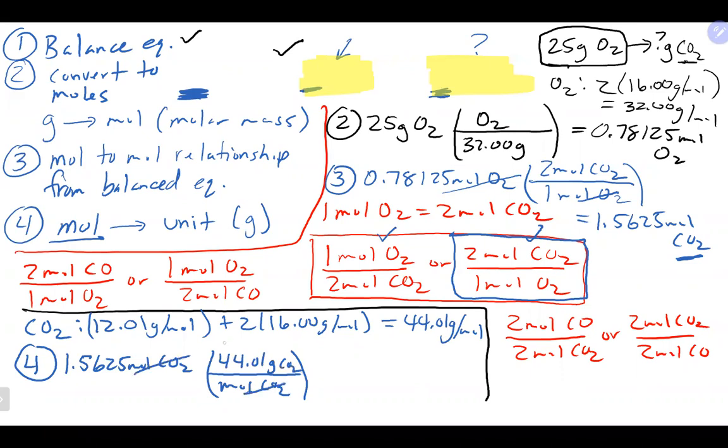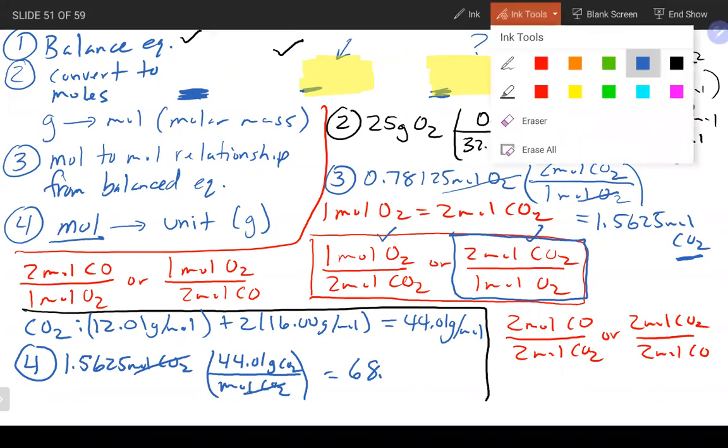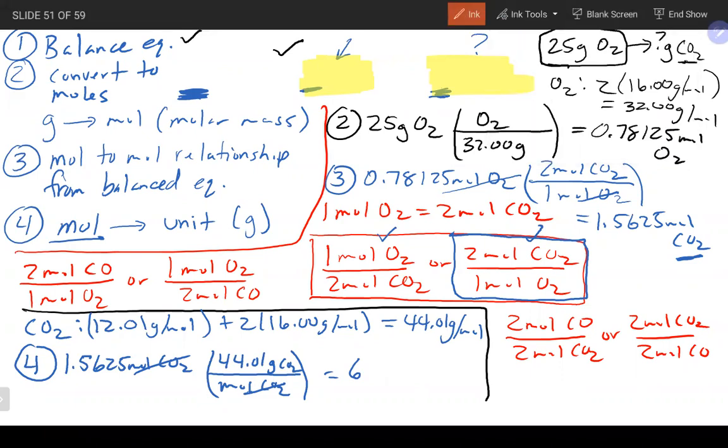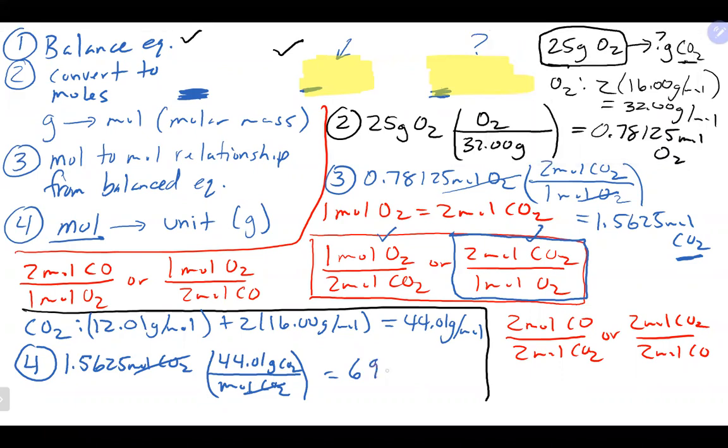The moles will cancel, and that's going to get us about 68 point, we'll call it 69 grams actually. So we'll call it 69 grams here of CO2. Significant figure wise was based off the 25 grams, which was the only number we had really given to us, which was 2. So we ended up with 2.